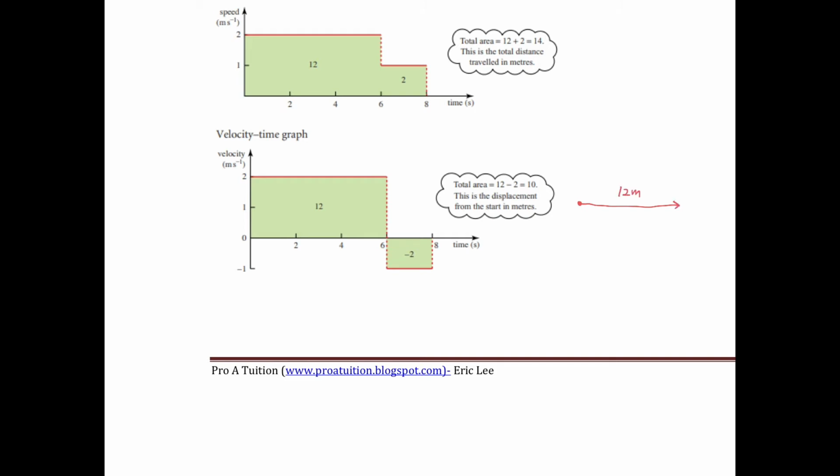After that, you turn and go backwards by 2 meter. And the displacement is 10 because we count from here all the way to here. So that is displacement of 10, positive 10 meter. So that is the idea of what happens here.